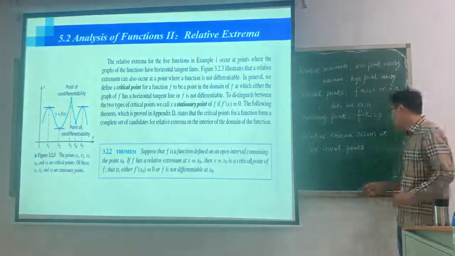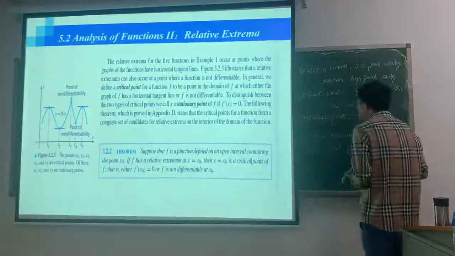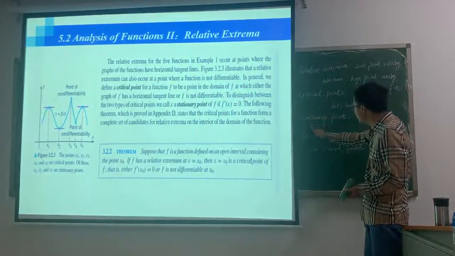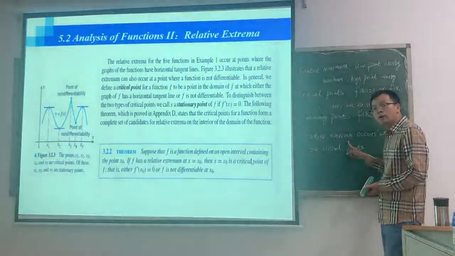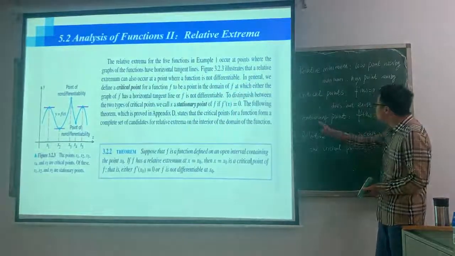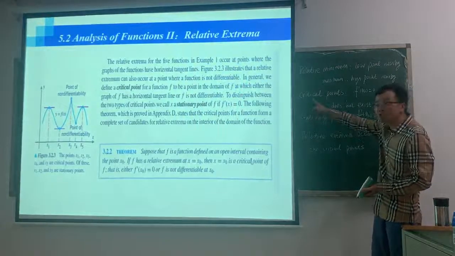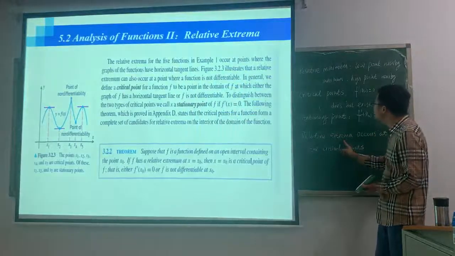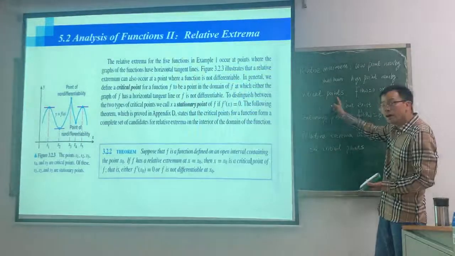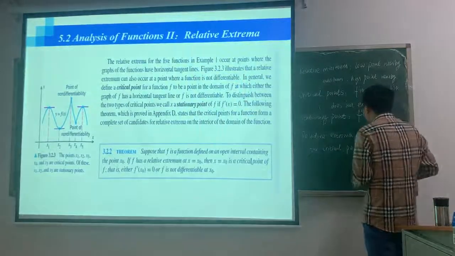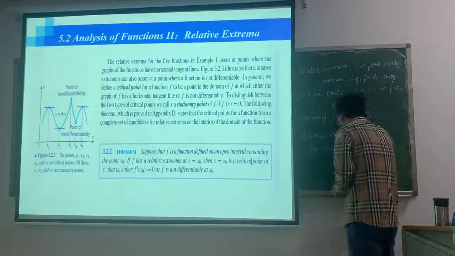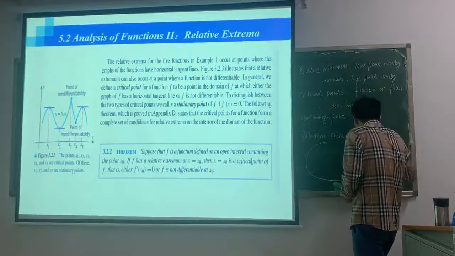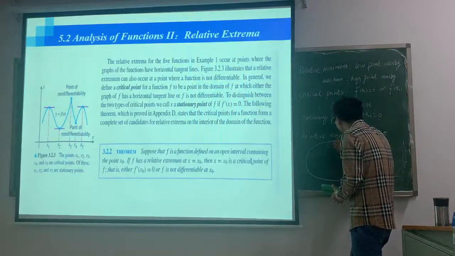So here we can plot a graph to show the relationship between critical points, stationary points and relative extrema. First we know that the stationary point is a critical point, and the relative extrema is a critical point. The relationship is like this. The biggest is the critical point.